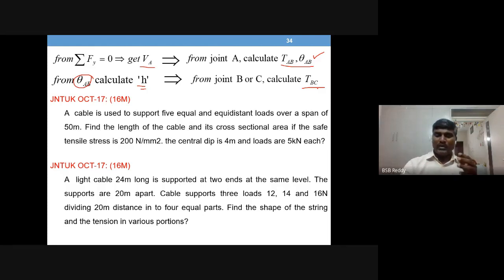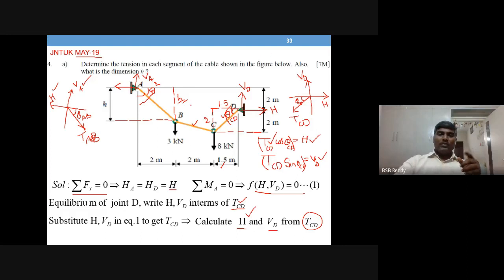Otherwise, what happens if you don't plan the solution like this? You will be solving with so many equations, and you never know which unknown is to be targeted first and which unknown is to be next.